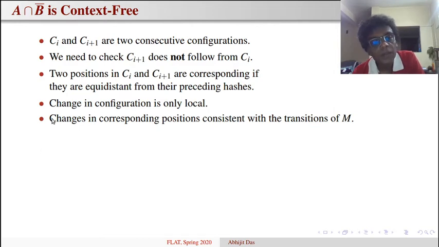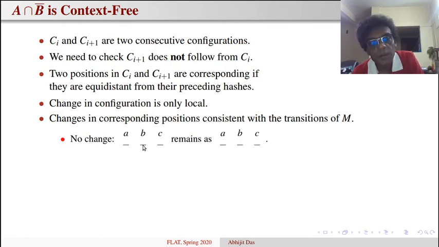Now, in order to understand what is not Ci plus 1 does not follow from Ci, let us first see when Ci plus 1 follows from Ci. So changes in corresponding positions, I mean 3 consecutive symbols, that are consistent with the transition of M. Here are some examples. So no change.